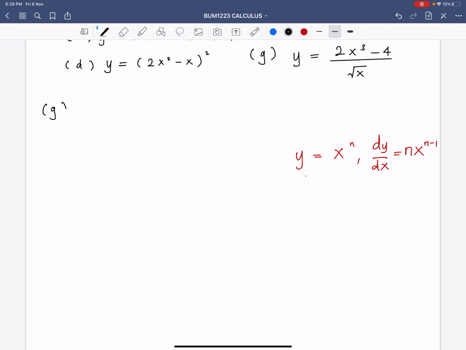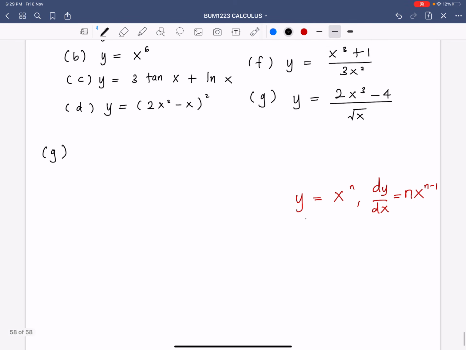For question G, it is similar to question F, but here we have root x in the denominator. Where y is equal to 2x cubed minus 4 over root x. This can be rewritten, we split into two parts, where 2x cubed over root x minus 4 over root x. And you know that root x is x power of 1 over 2.